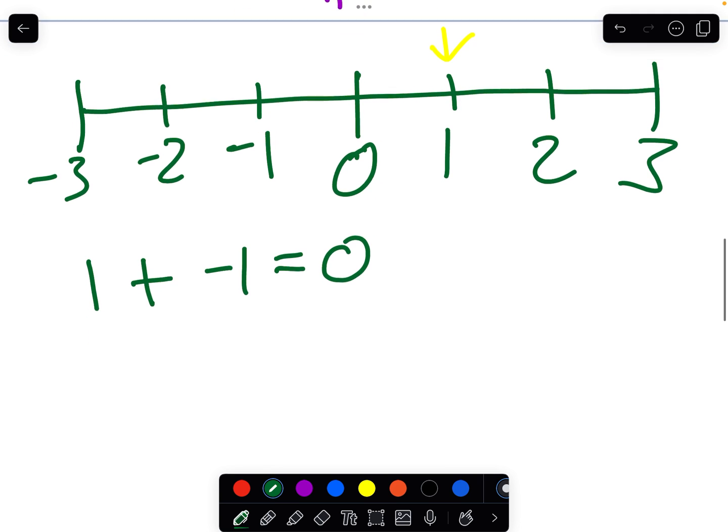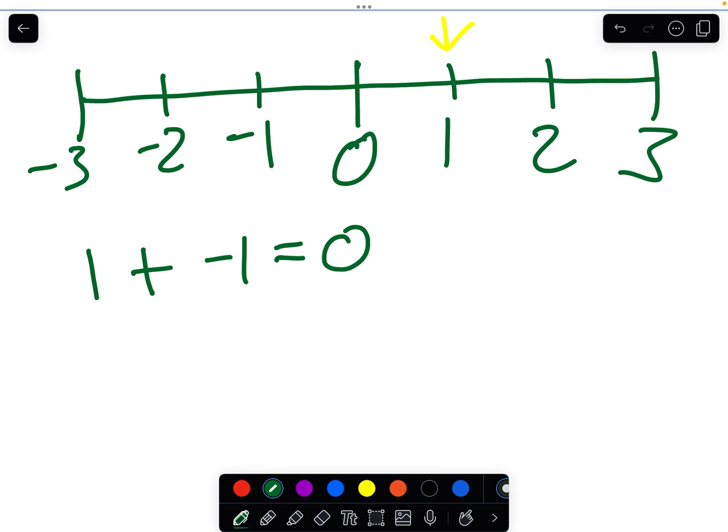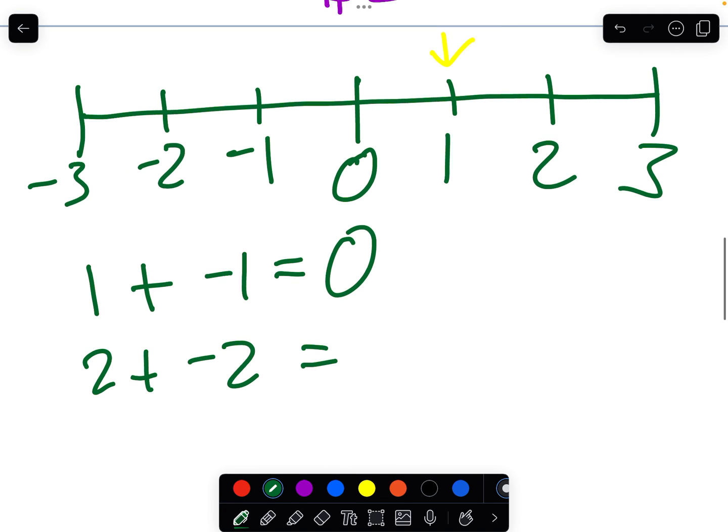What if we have 2 plus negative 2? Well, here we are at 2, and then we're going 2 jumps backwards because we've got the negative sign. That means we go left, 1, 2. Well, that's also 0.